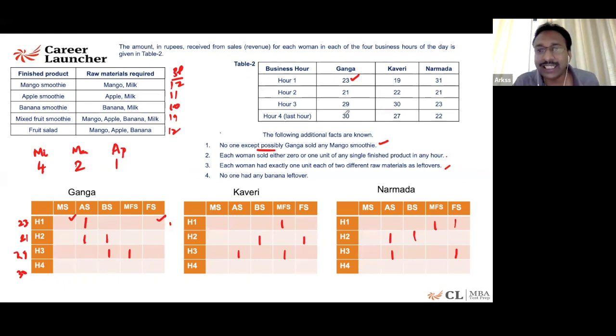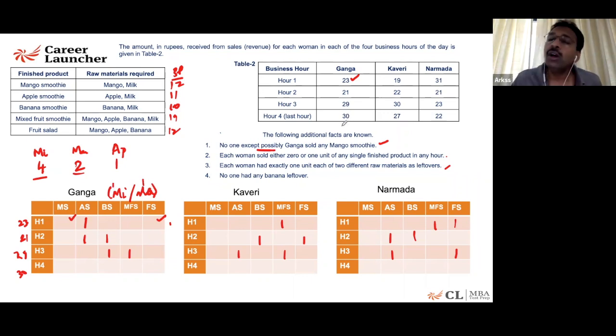Out of the 30, 5 rupees removed, that will make it 25. There is no combination that will give me 25, which means I know Ganga would have milk and mango left. So I will say milk and mango left for Ganga, 6 rupees, 1 unit of milk and 1 unit of mango left.